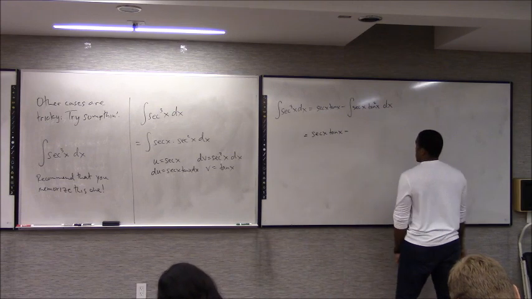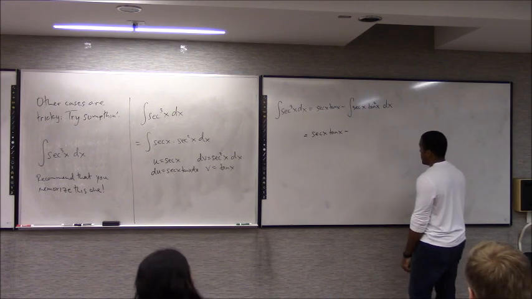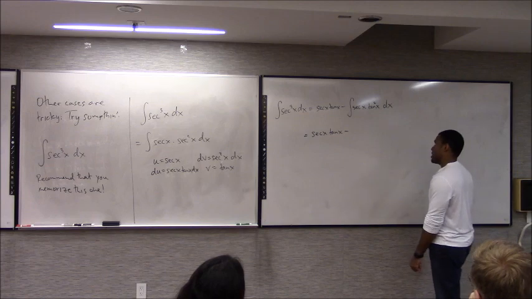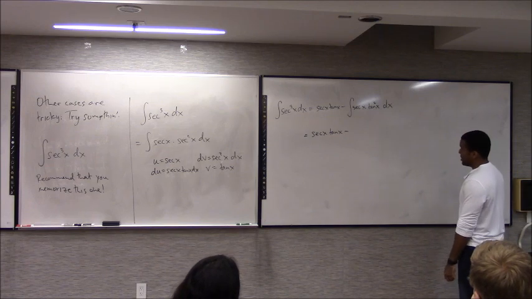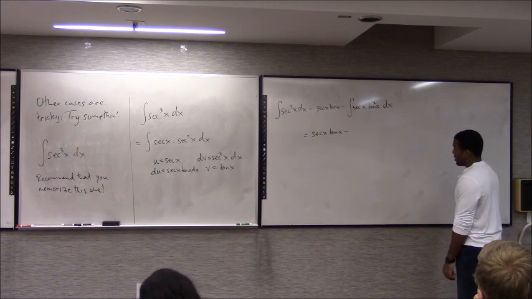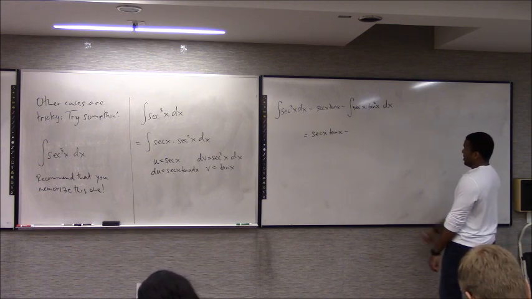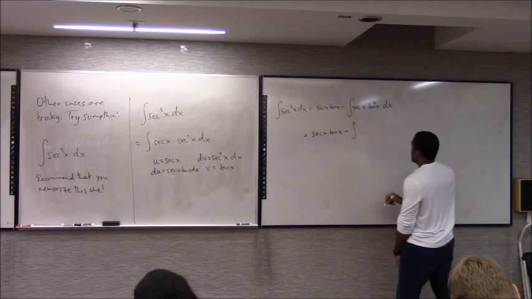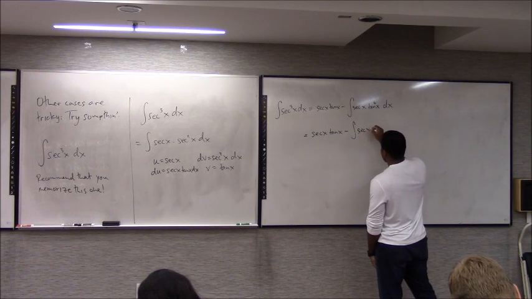And here's what we're going to do. I'm going to change that tangent squared to secants, which might sound crazy initially, but you're going to see something afterwards. How do I change tangent squared to secants?